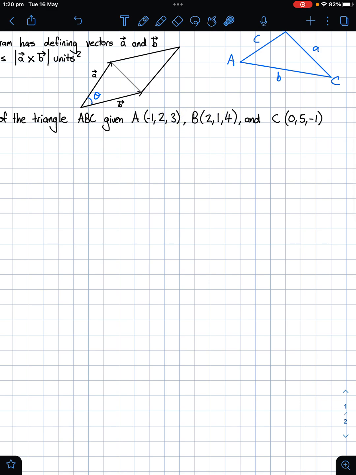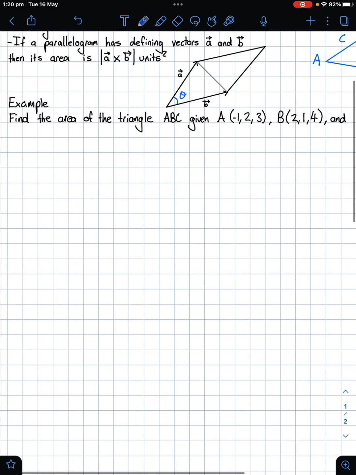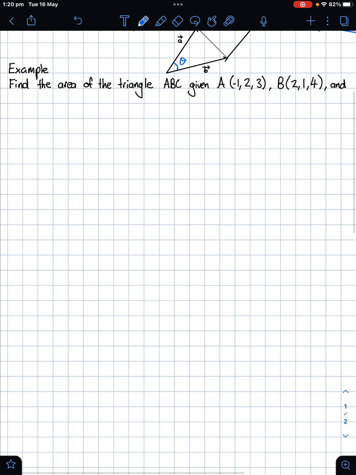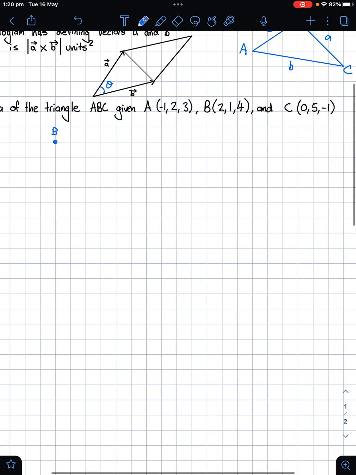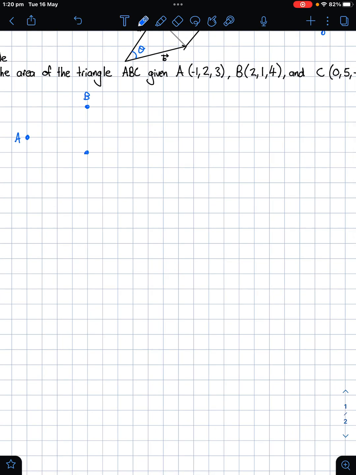The only reason I'm picking A is I'm going through the example for you, and I've got the textbook open, so I don't want to get this wrong at the same time. So I'll go A to B here, and then we've got C over here. We're looking at this as the triangle A to B and A to C.